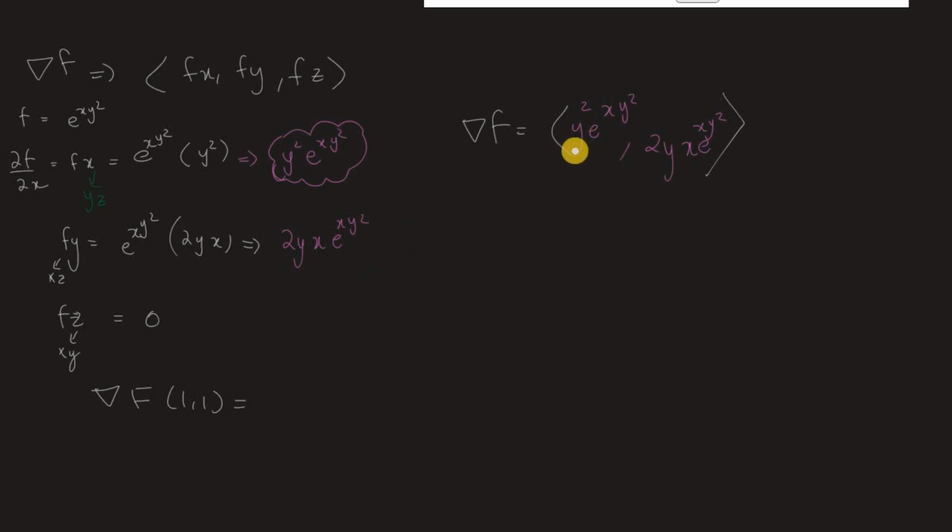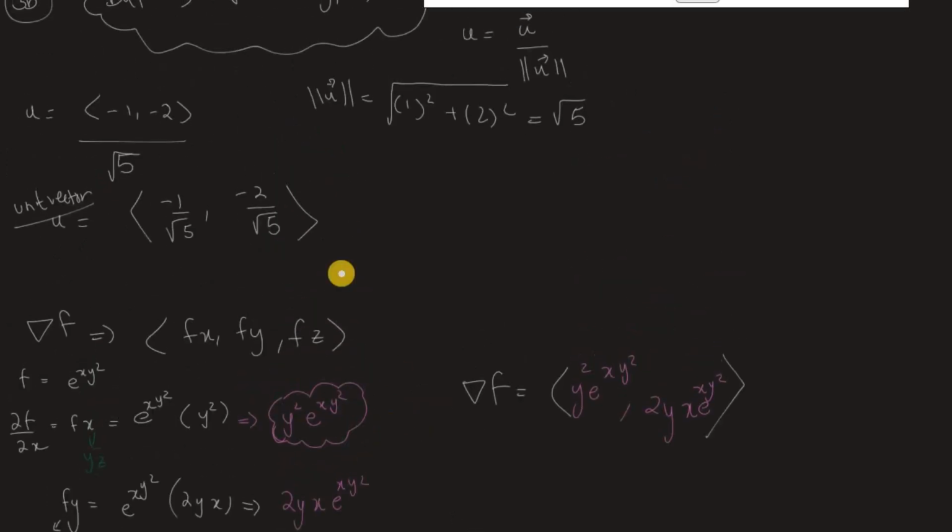Putting y as 1 gives you 1, and then e to the 1 times 1, so that's only e. And here we have 2 times 1 times 1 times e, so that's 2e. So when you evaluate this, the gradient is e and 2e.